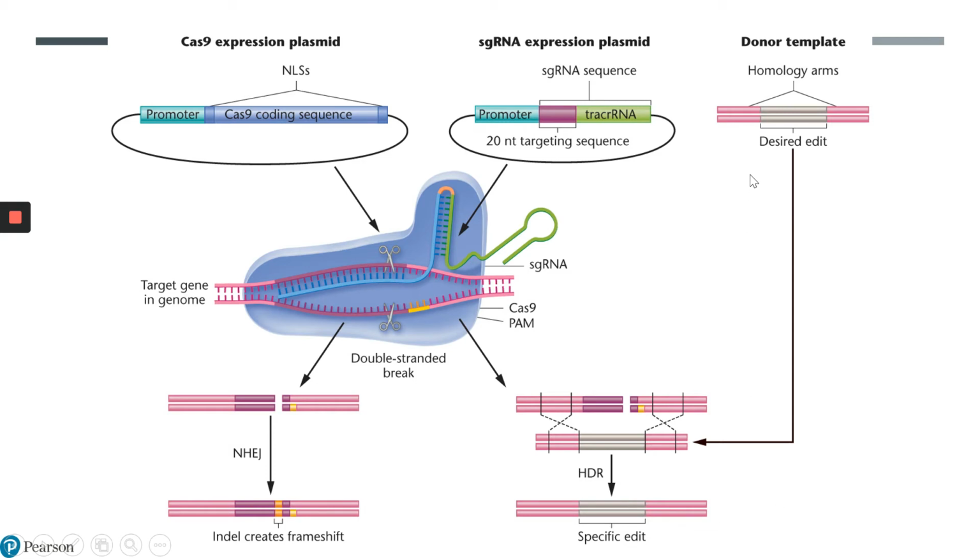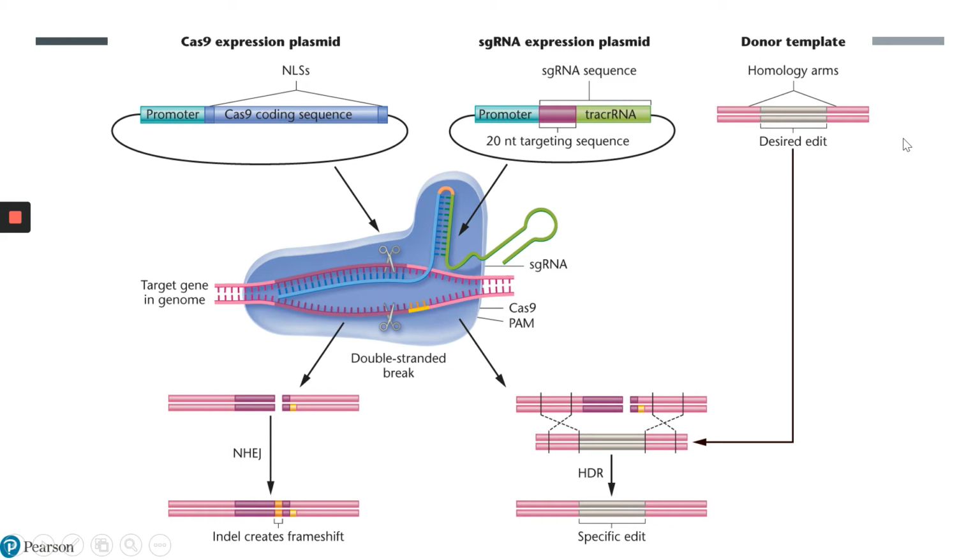Now, if we were to introduce a donor template that has sequence homology to the regions of the gene on either side of the double-strand break that we would like to introduce, rather than invading the sister chromatid, the HDR mechanism would use the donor template in order to copy nucleotides to repair the double-strand break.